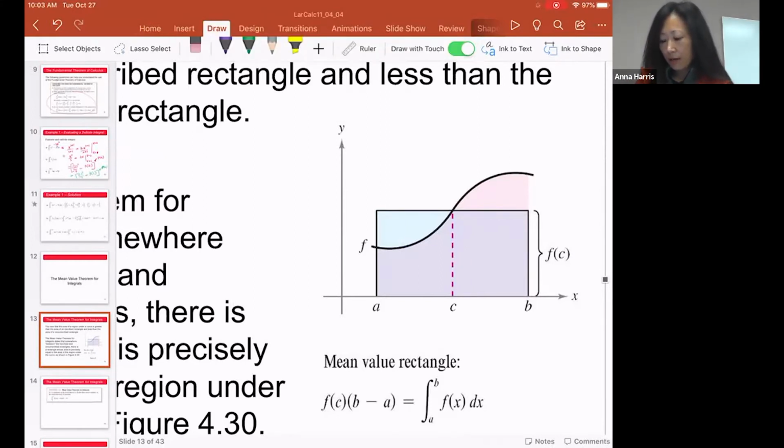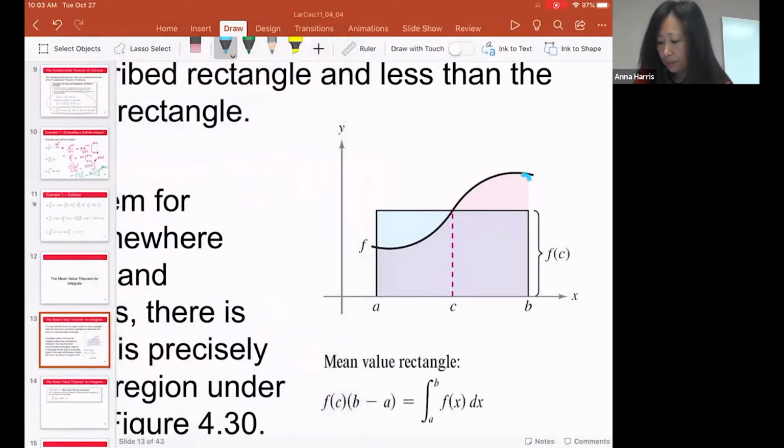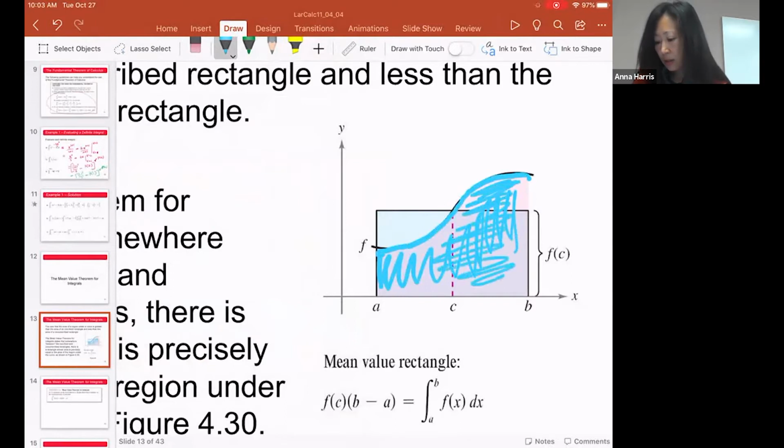So this is the area. The true area is, I'm going to use blue, the true area is this, what I highlighted with blue.